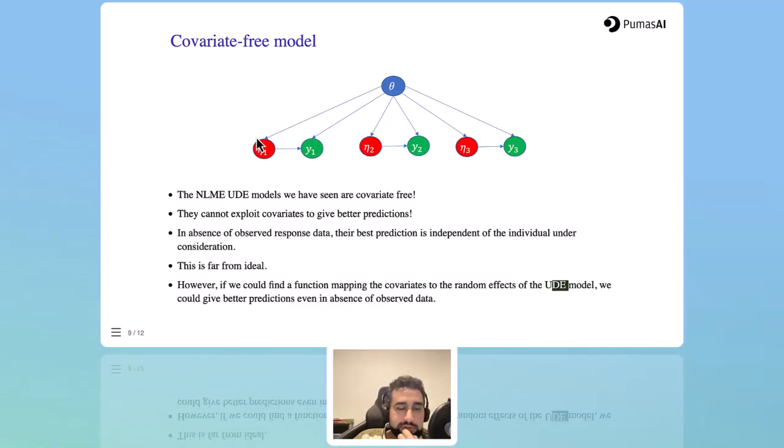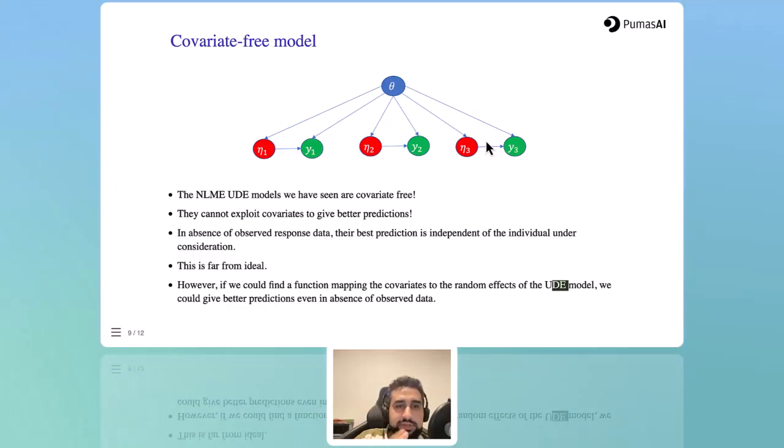Let's say for subject 1, the best value of eta that fits the data is eta 1 equals 1. For the second subject, it's eta 2 equals 0. And for the third subject, it's eta 3 equals minus 1. Each individual has their own empirical Bayes estimate, or their own best value of the random effects.